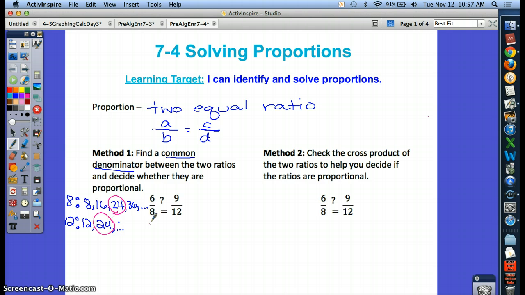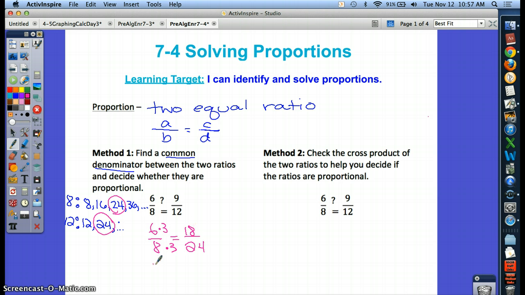So now you can just take each fraction and figure out what to multiply by to get a denominator of 24. For 6/8, I would want to multiply 8 by 3, and whatever you do to the bottom, you must do to the top. So I'm going to multiply the top by 3 as well. 18/24.